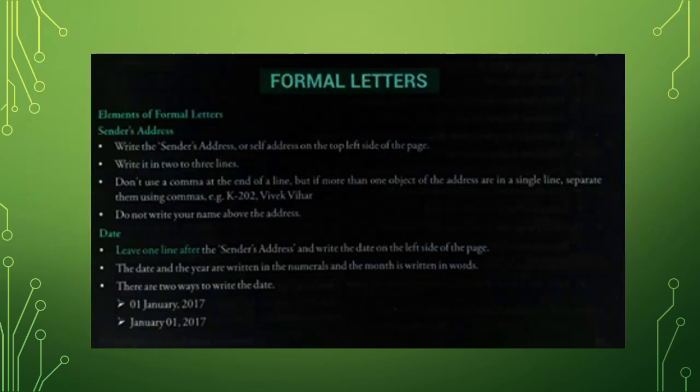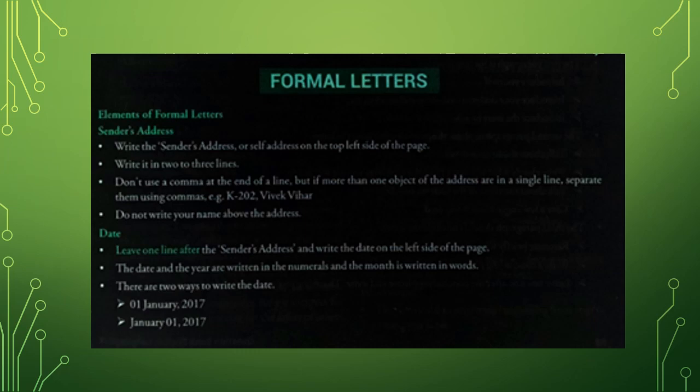The elements of formal letters: we will begin the letter with the sender's address. We have to write the sender's address, or self-address, on the top left side of the page. Writing on the right is not wrong, but for formal letters we follow the block format, so everything is written on the left-hand side.